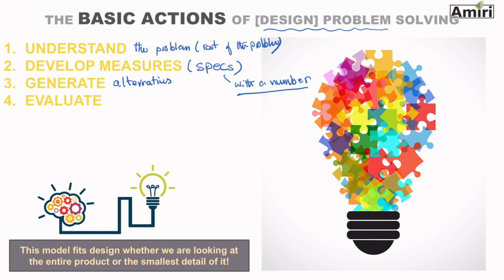You evaluate these alternatives against your specs. Remember, all of the alternatives should already meet the specs. Now you're just comparing them. Which one meets the specs better? Which one is a better option? If both cars are 2020 and both are under 80K, which one is cheaper?